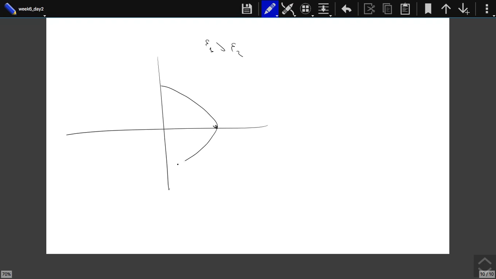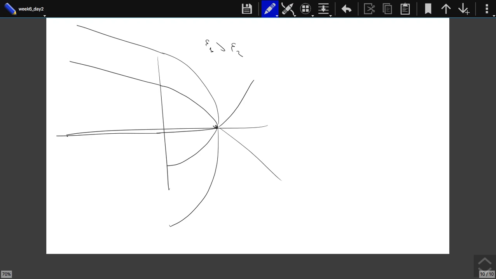So it will basically look like this, the electric field lines. But then after this point, they will be mainly straight. And in fact, in that region, it is as if we have a single charge at this point, so it should be like this. These are our electric field lines.